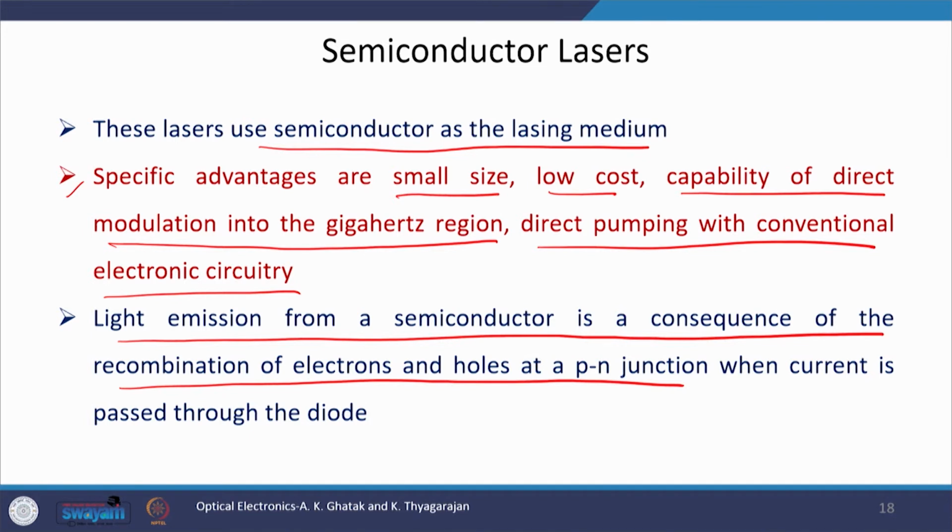The p-n junction is the main component of this semiconductor device. Electrons and holes at the p-n junction recombine due to the specific design, and out of this recombination we get photons, and these photons at the output give us laser.